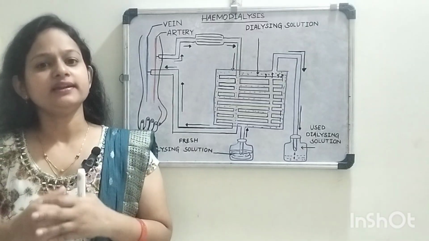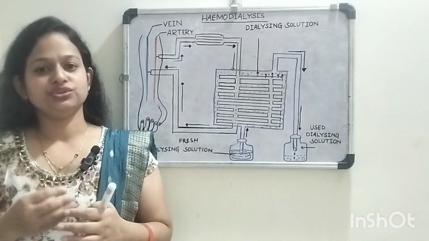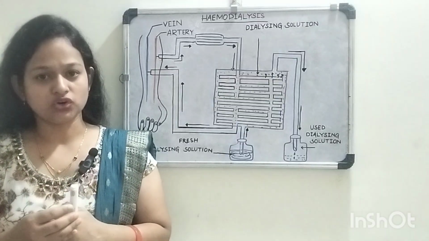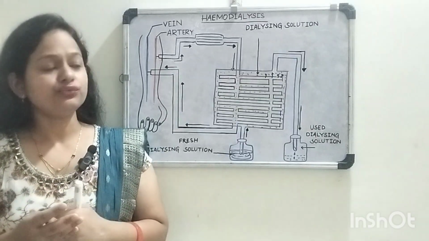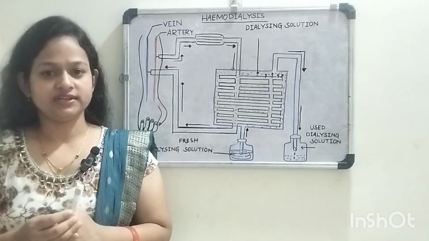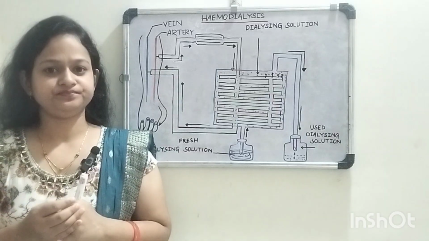In that case, we can remove the accumulated waste products in the blood through hemodialysis, by using the apparatus, that is the artificial kidney or dialyzer.